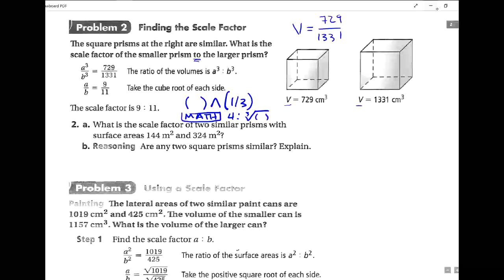Don't forget your parentheses in there as well. Okay, so lucky for us, these are perfect cubes. And so we get a scale factor of 9 to 11. Perfect cubes aren't as easy to see, but your calculator will know what they are. All right, pause the video, do the next problem.